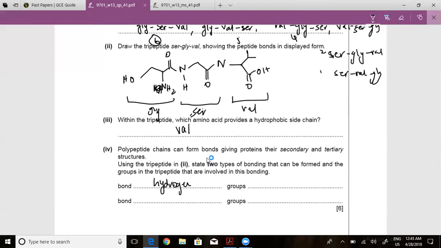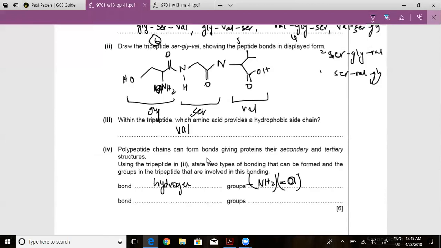The bonds that will form hydrogen bonds involve the oxygens and the nitrogen, so the NH2 group and the C double bond O group. What other thing will form?